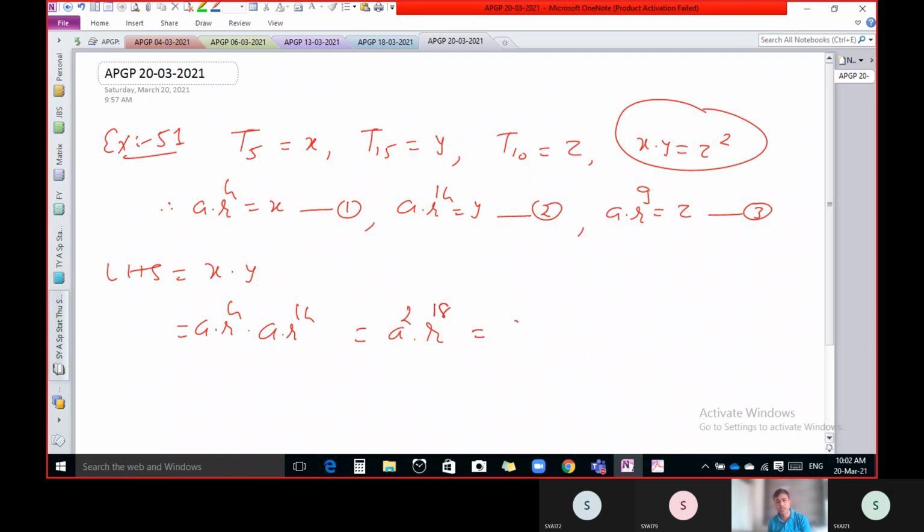Now this you can write as a into r raised to 9 into a into r raised to 9. Check it. Is it true? Yes, sir. And this is nothing but Z, and this is also Z. So we get Z square. That is our right hand side. So it's very easy to prove.